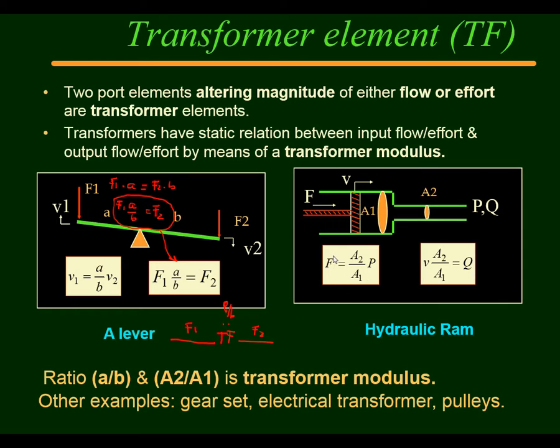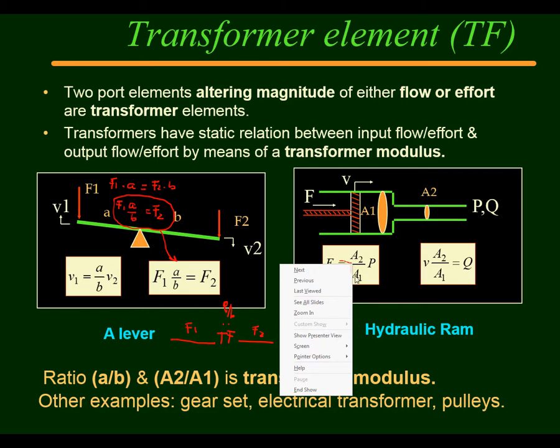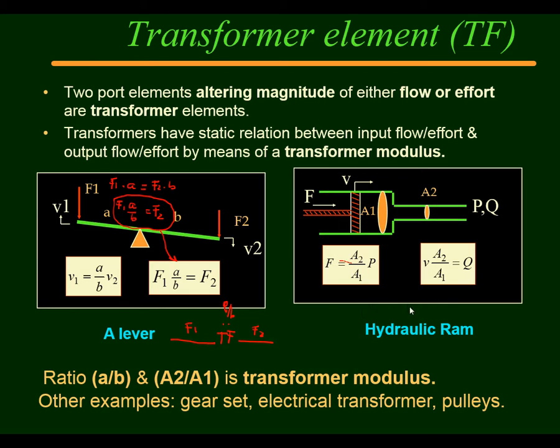You see here the force is going to be A2 over A1 times P. So again, this would be TF, where the modulus in here would be A2 over A1, and then this would be F, and then P on this side.